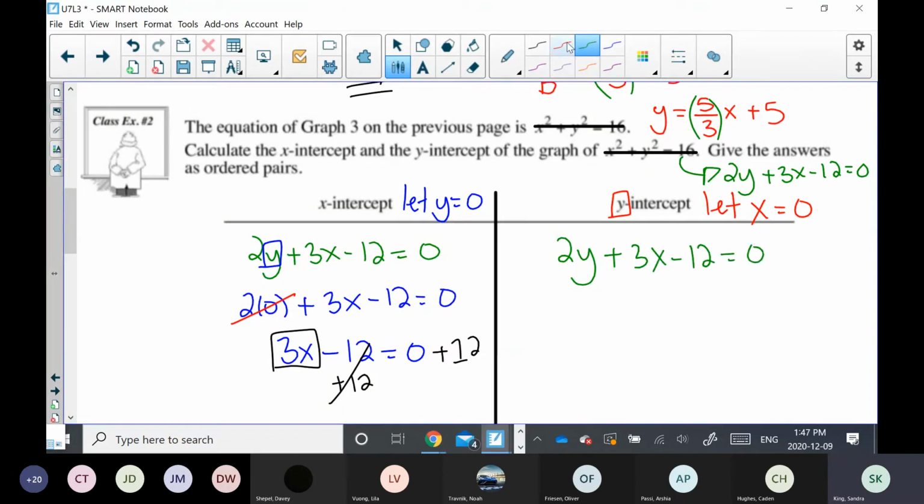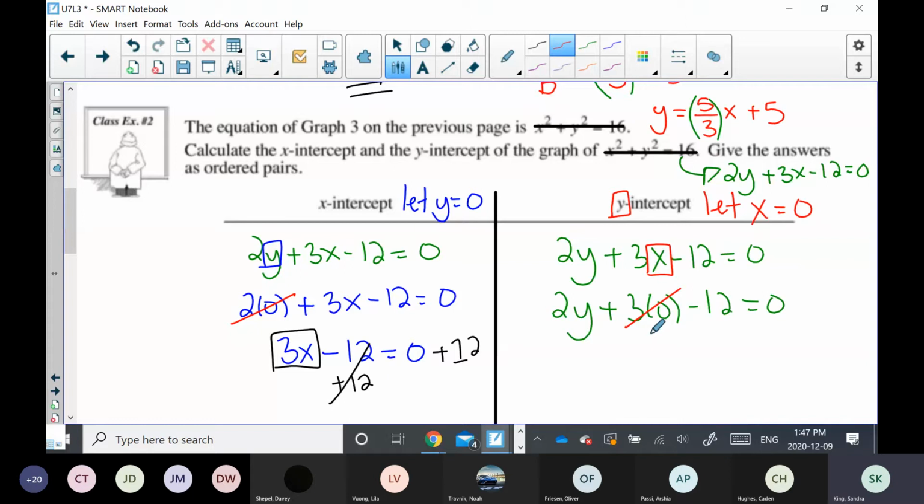So always write the original equation as your first step. Second step is take out that x and put in a 0. Anything times 0 is 0. So 2y, normally we would have like plus 0 minus 12, but that's just the same thing as 2y minus 12 is equal to 0.